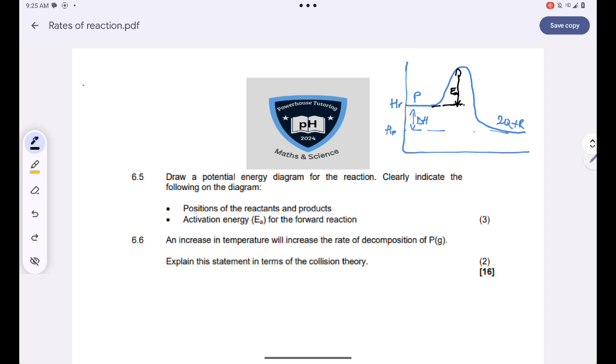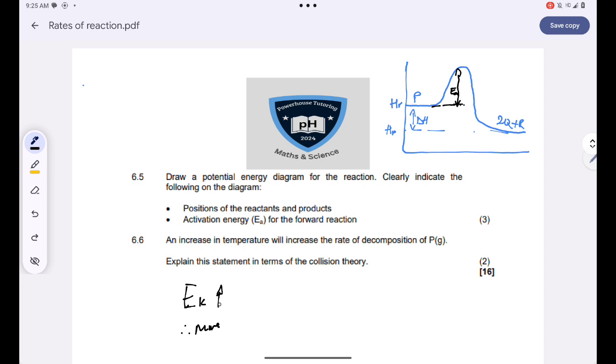Are you together? And whenever you increase the average kinetic energy of the particles, we'll end up having more effective collisions. Remember, guys, for us to increase the rate of reaction, we must have effective collisions.